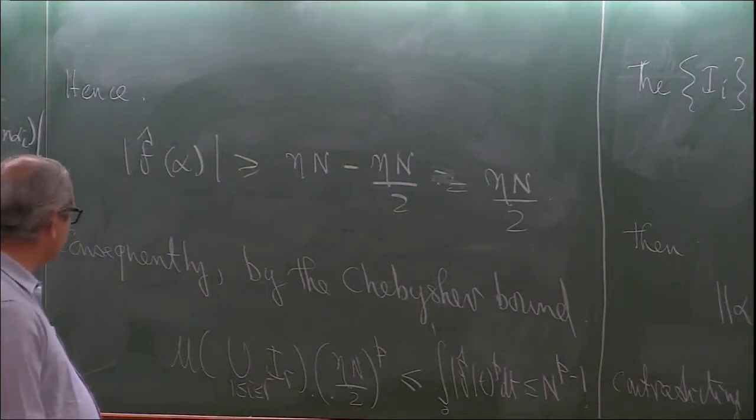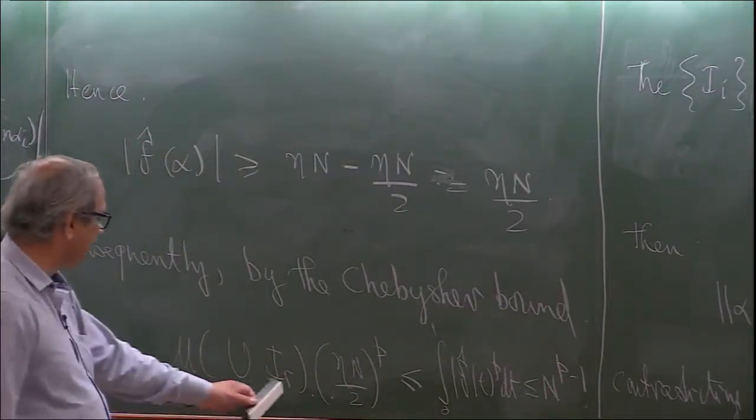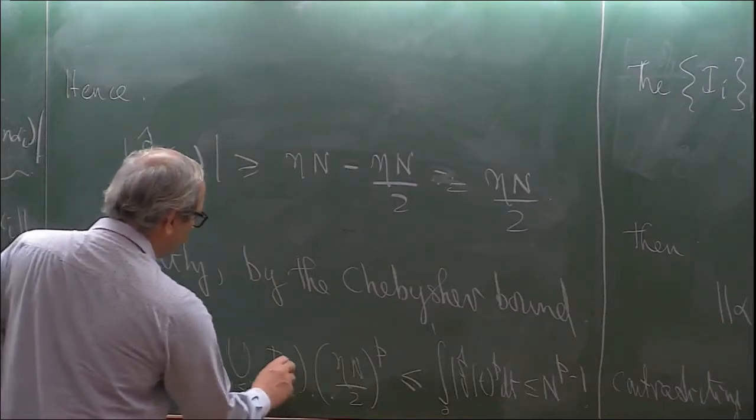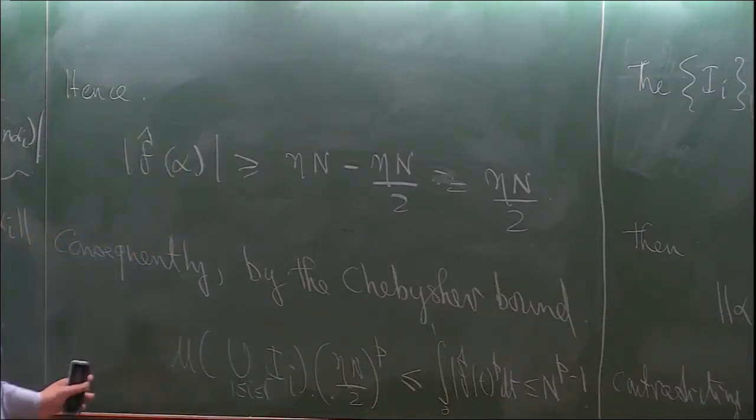On the other hand, because these intervals I_i are disjoint, the measure of this is actually the sum of the measures of the intervals I_i.